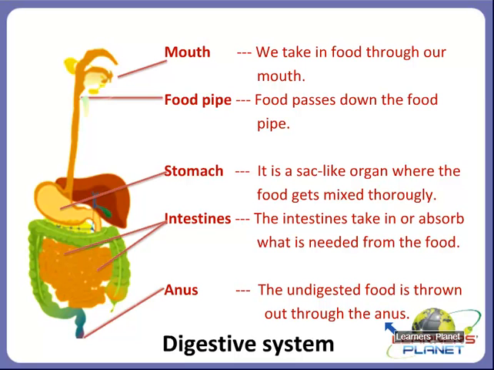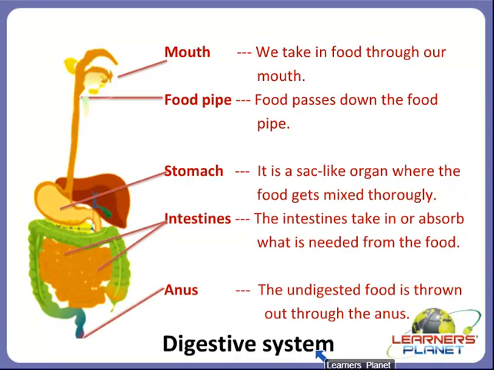Anus throws out the undigested food. What is undigested food? It is the food which is waste for our body. It does not give us energy. It does not get digested in our body. So it is thrown out of the body through the anus.